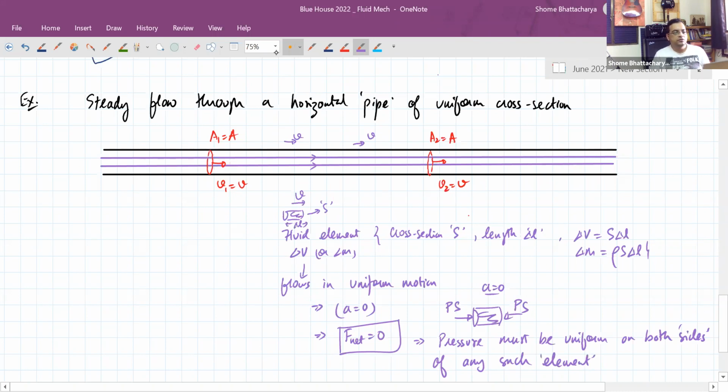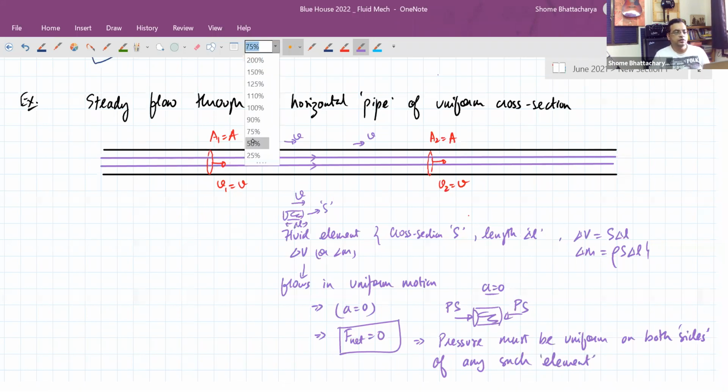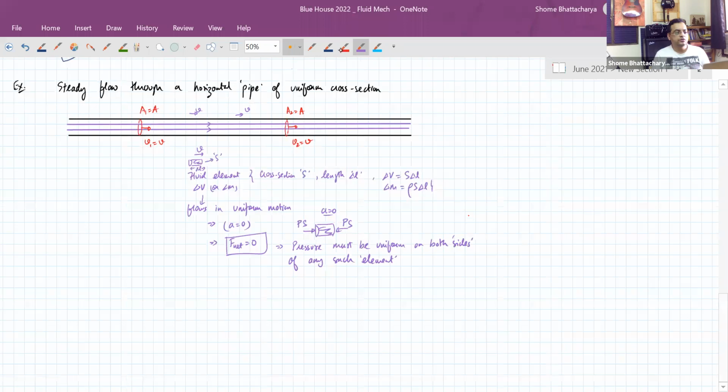So that means now if we consider any two points within the fluid, like the point over here, if we consider the pressure at this point as P1 and the pressure at this point as P2, this also tells us that P1 must be equal to P2, or the pressure at all points inside the fluid in the above case must be uniform.